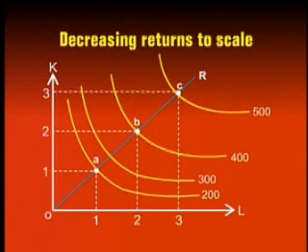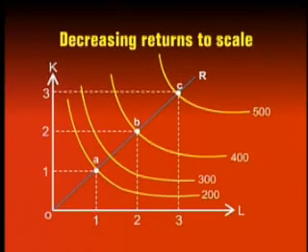As you can see, in moving from A to B, constant returns to scale obtain. That is, a 100% increase in inputs is matched by a 100% increase in output from 200 to 400.